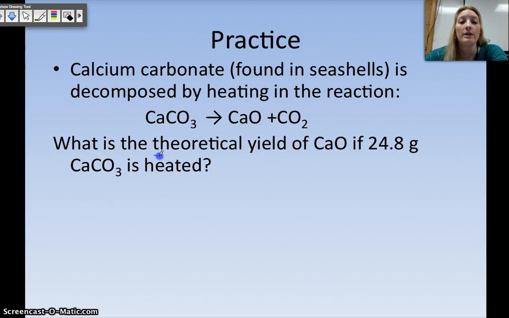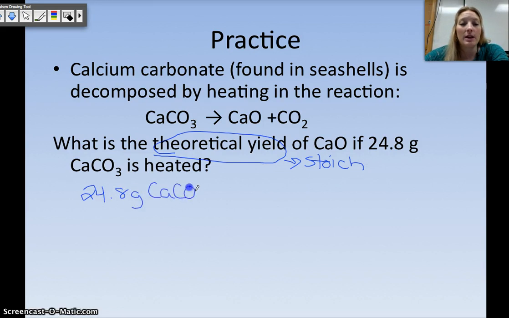Now, if we're looking for the theoretical yield, we know that the theoretical yield comes from stoichiometry. So, we have 24.8 grams of calcium carbonate. Okay, we know we have this one. We are looking for that one.